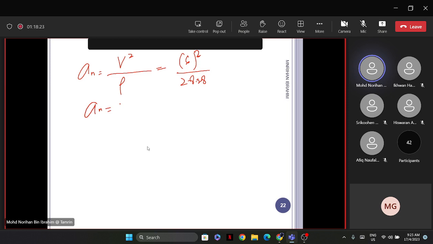Then if you calculate this one, you get 1.273 meter per second square for this AN.